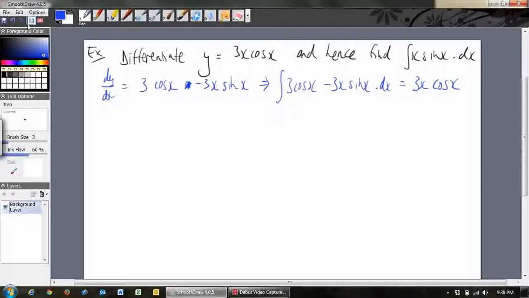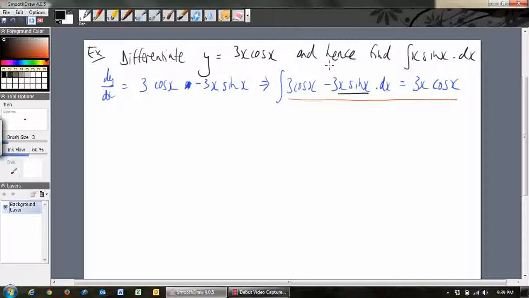Okay, so there's our key piece of information that we've gotten there. Okay, right, so from here, what do we do? What are we trying to solve for? Let's have a look. We want the integral of x sine x, which is basically this piece in here. That's what we want. And so we're just going to have to solve for this.